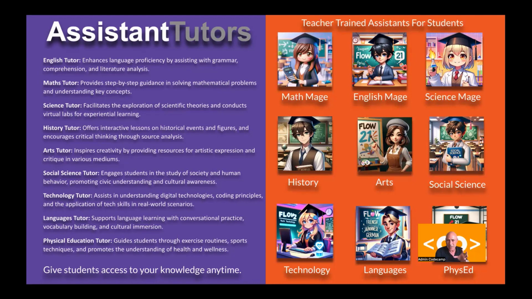This is where this comes in. It's super handy. So you can actually train a tutor based on your knowledge that you've been teaching over the last 10 years, to make it a wee bit of a clone for you to help the students. So they're able to get access to your knowledge 24/7.